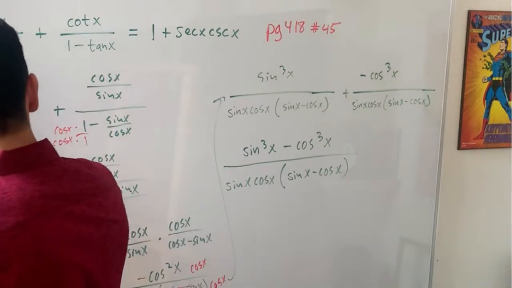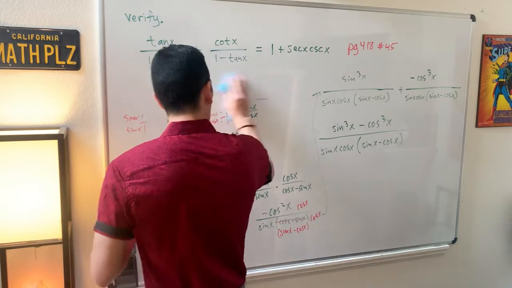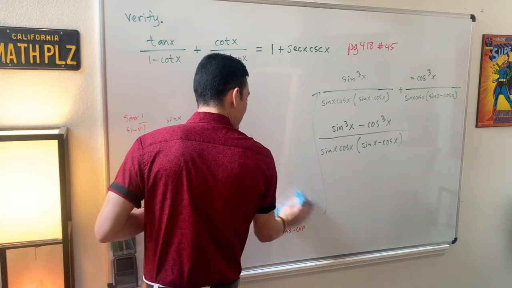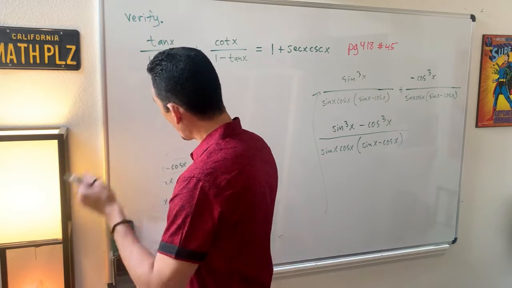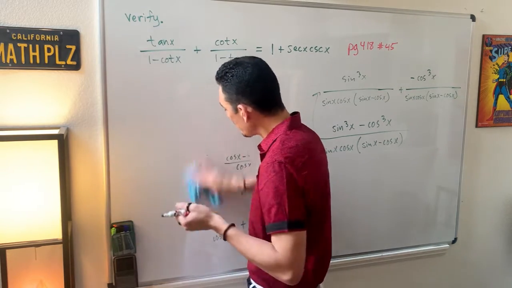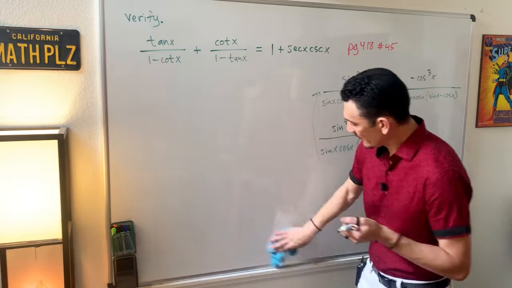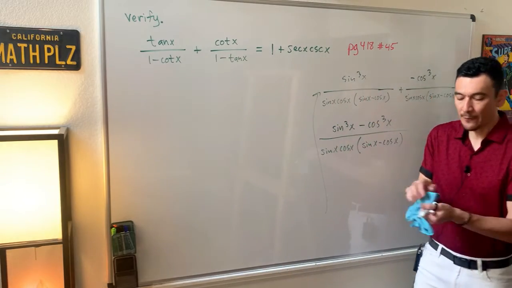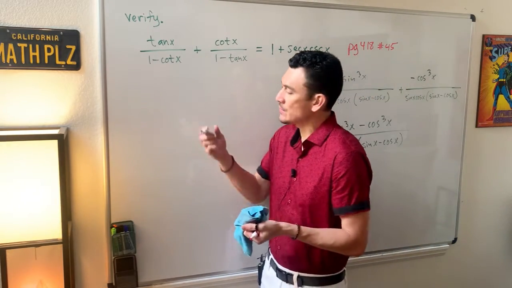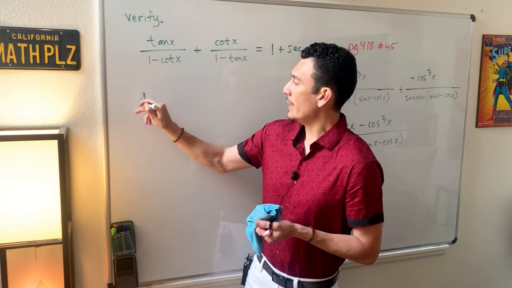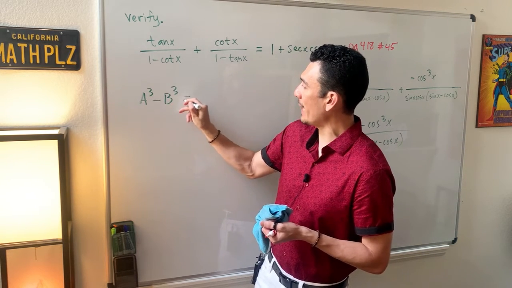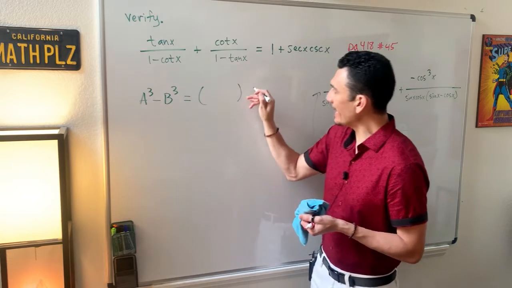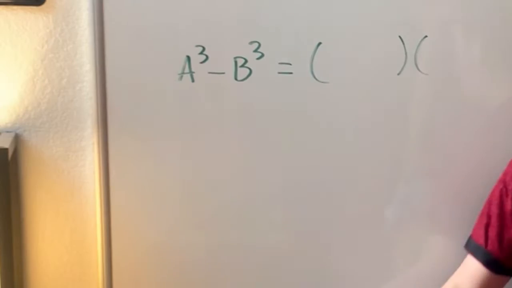So while I erase this board, let me just talk a little bit more. I want to remind you of a difference of cubes. Do you remember how to factorize a difference of cubes? So for instance, the general idea is this. If you have a to the power of 3 minus b to the power of 3, that has the following factorization, okay?